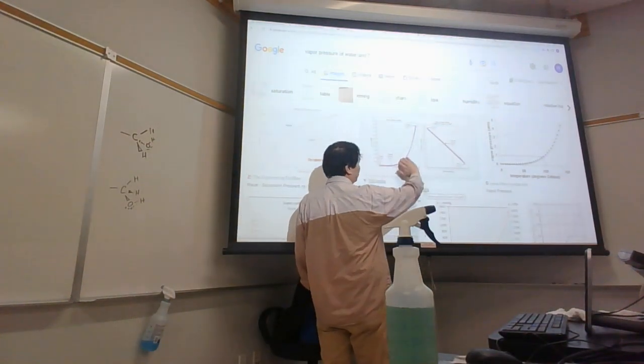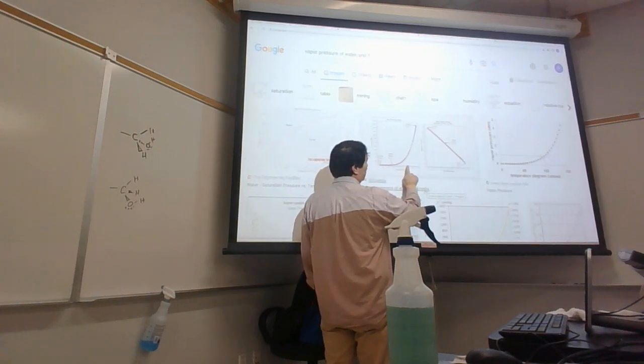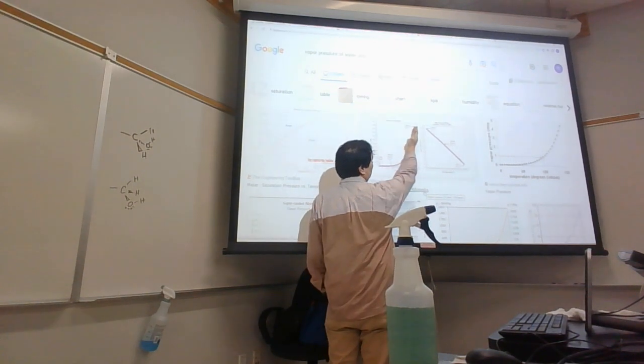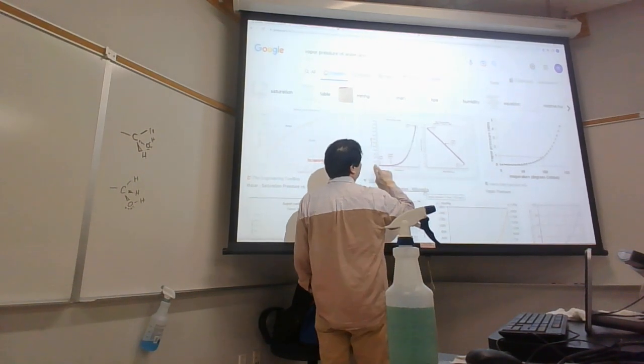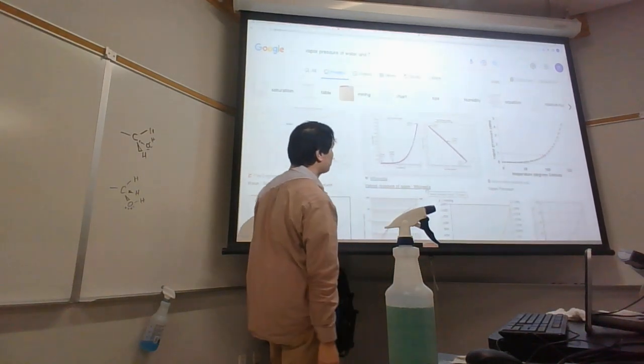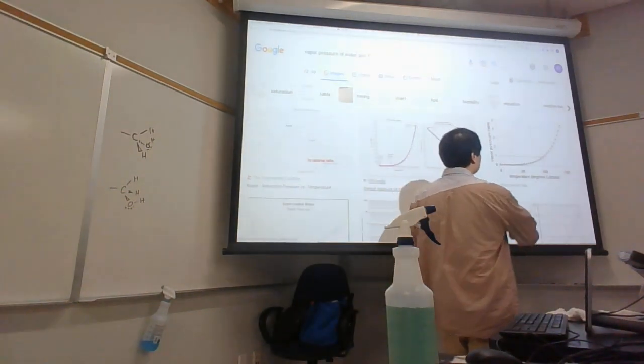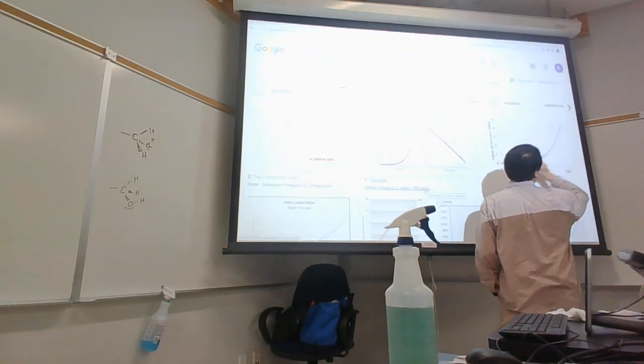It's nonlinear. As the temperature goes up, the vapor pressure goes up, but in a nonlinear way. As the temperature gets pretty high, then it shoots up like this. This is called a vapor pressure curve. It shoots up exponentially. So typical vapor pressure curves are nonlinear, exponential.